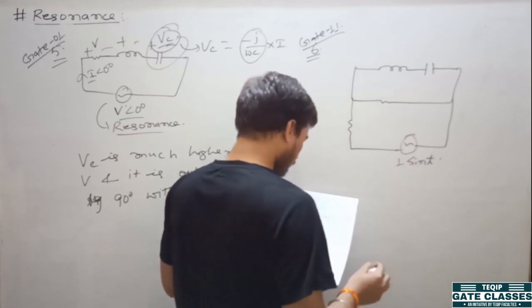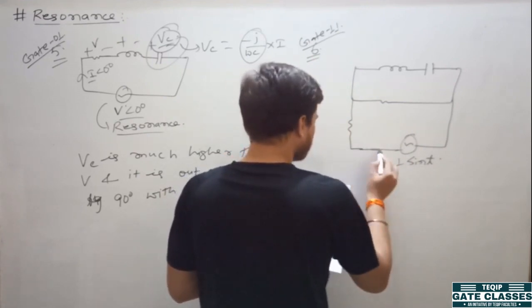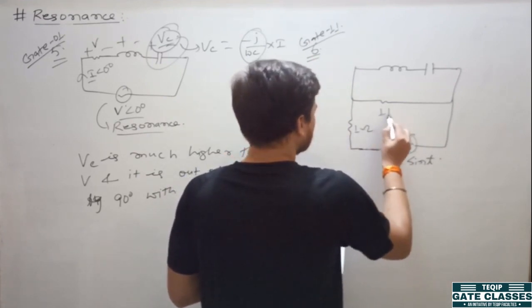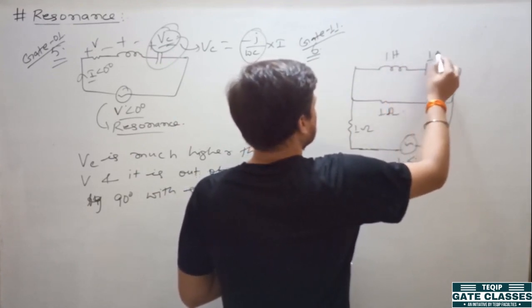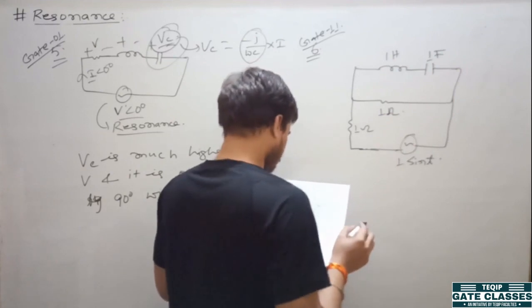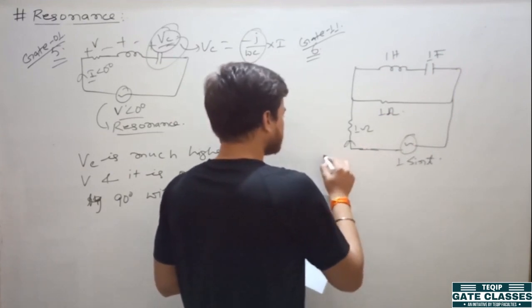Here it is the resistor 1 ohm. Here it is 1 ohm. Here 1 Henry, 1 farad. Given that this current is IT.